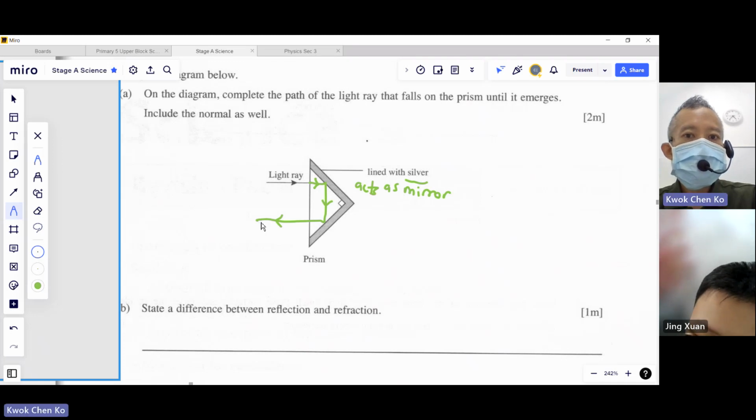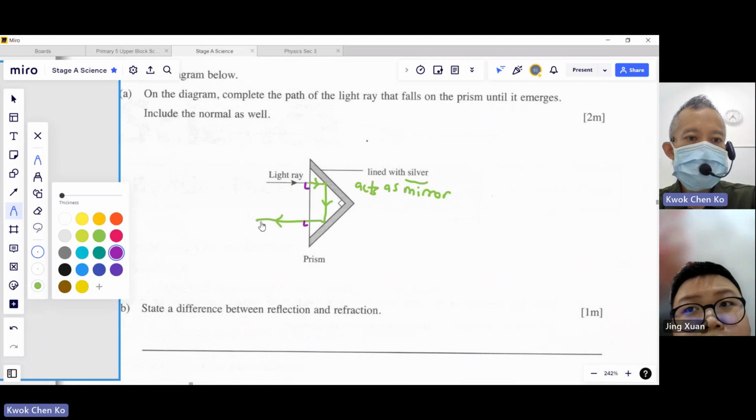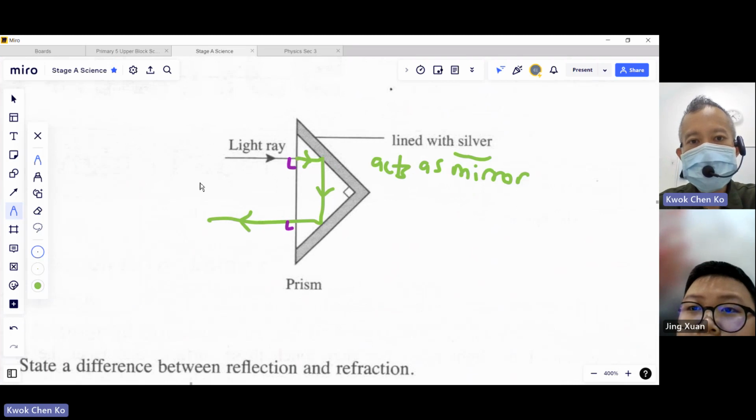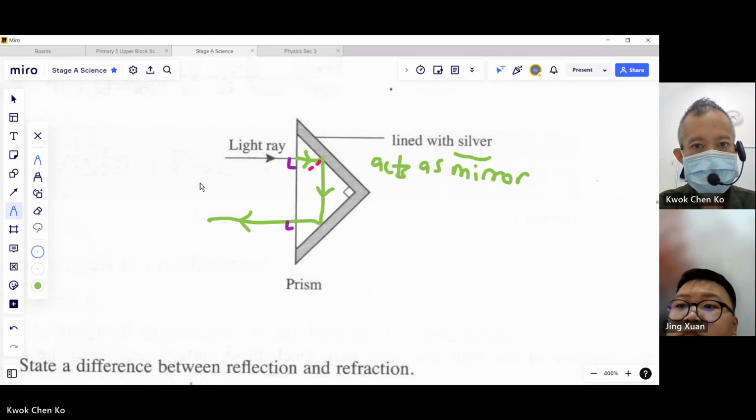Now, if I were you, draw a right angle here because it goes straight in. No refraction. Right angle here. And you're supposed to include the normal. So make sure you have a dotted line to represent the normal.